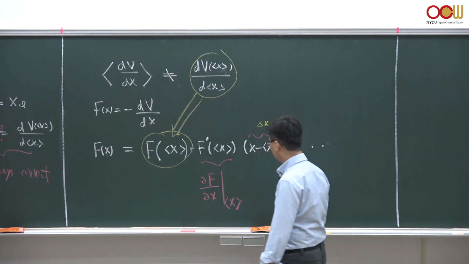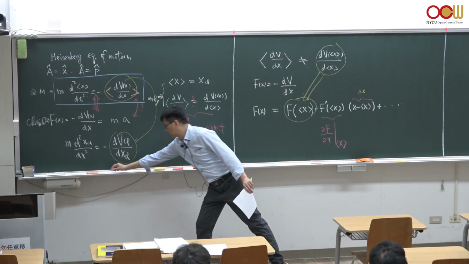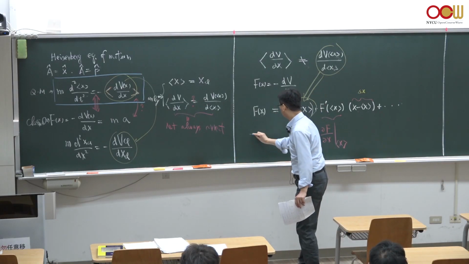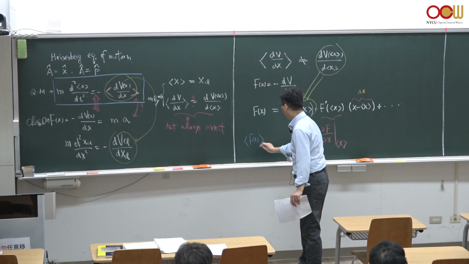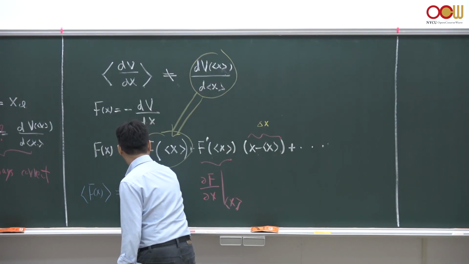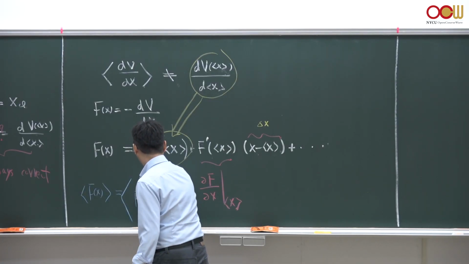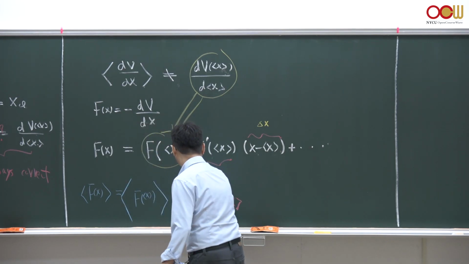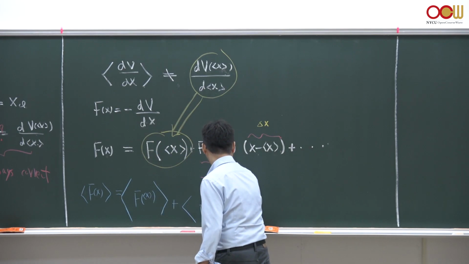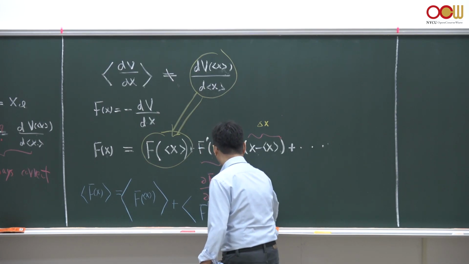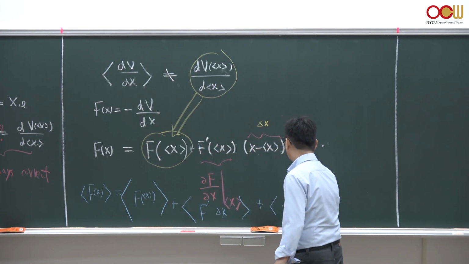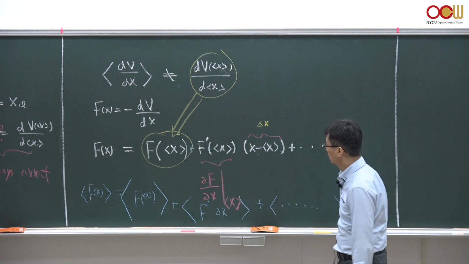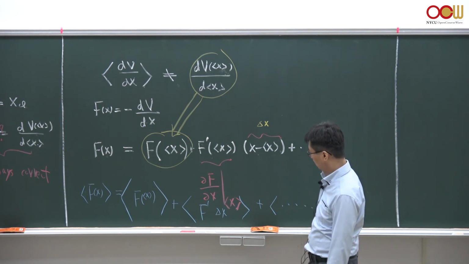Okay, so if I take the expectation value of this on both sides of the equation, I get the average of f of x, which is f of x average plus f prime delta x average plus higher order terms average.